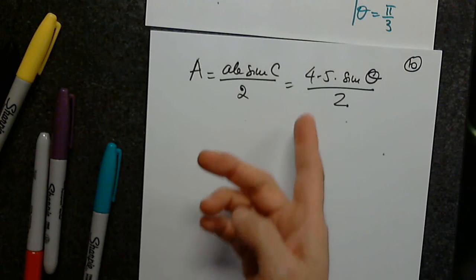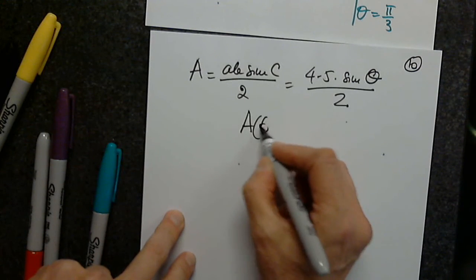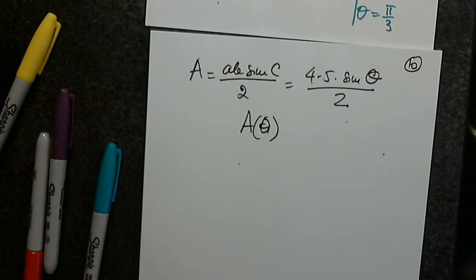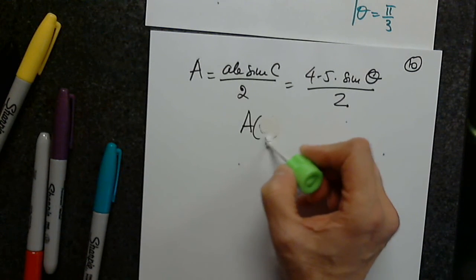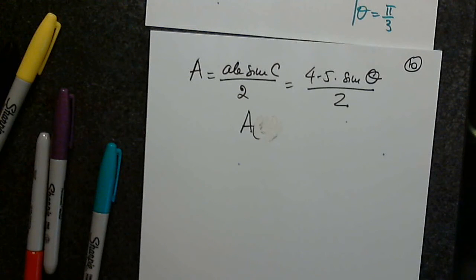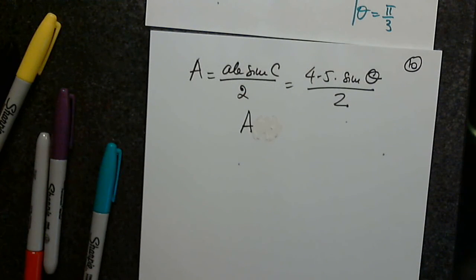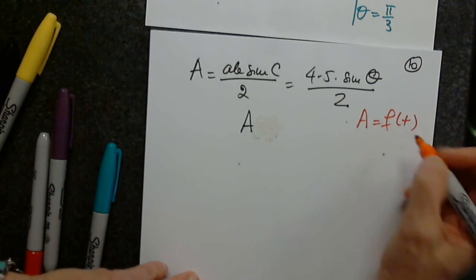I'll simplify because this is 20 divided by 2. So the area of theta, because actually I should write area of time, but I don't need to. We don't have to write anything because we know both are functions of time. So let me write it on the side for you not to forget. The area is a function of time.